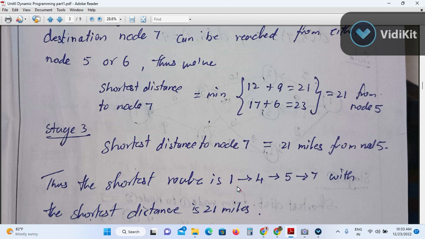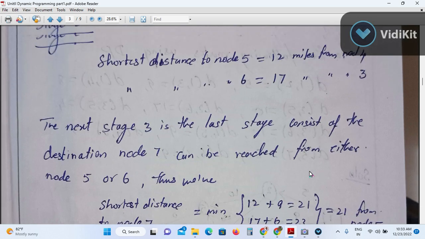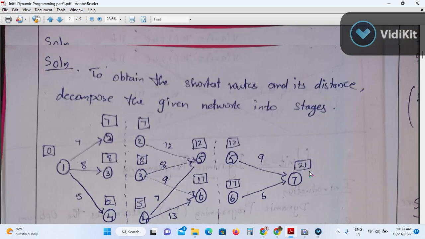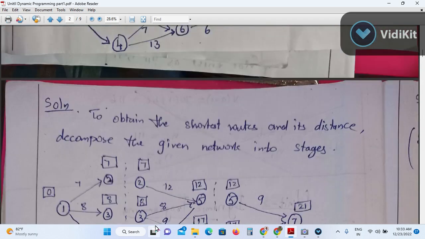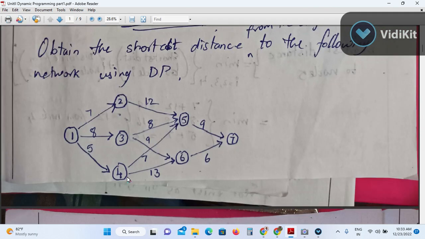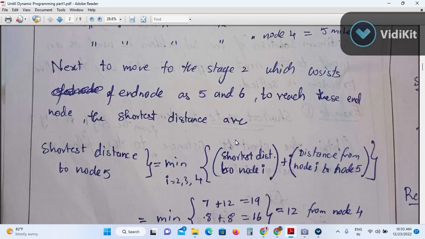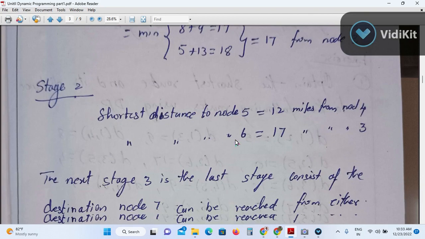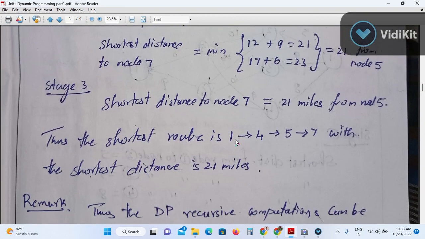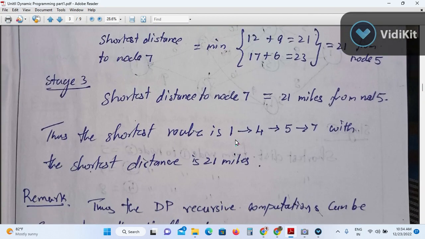So the route is 1 to 4, 4 to 5, then 5 to 7. This is the shortest distance, and the corresponding route is 1, 4, 5, 7. So that is the conclusion here: we reach from 1 to 7 with 21 miles.